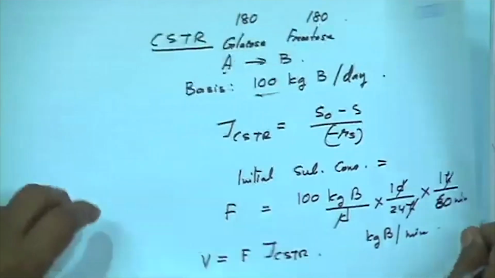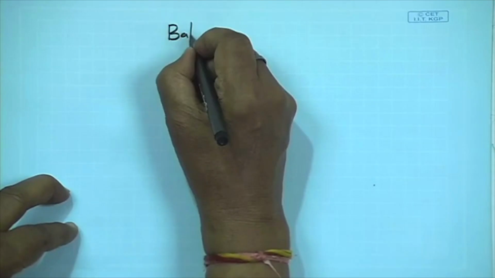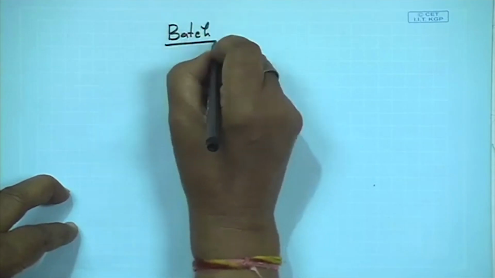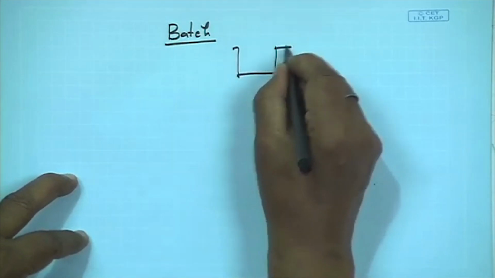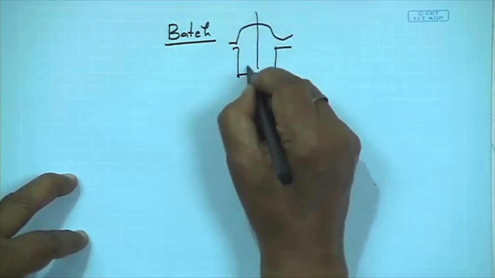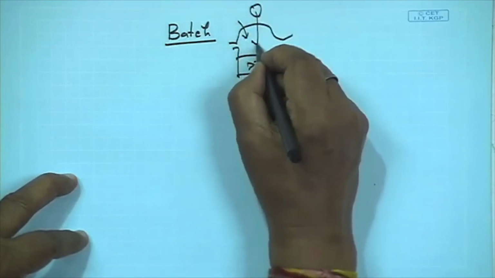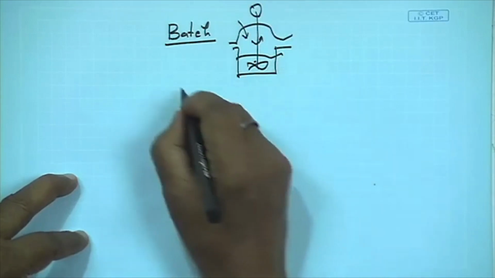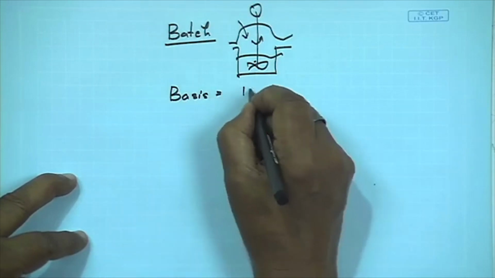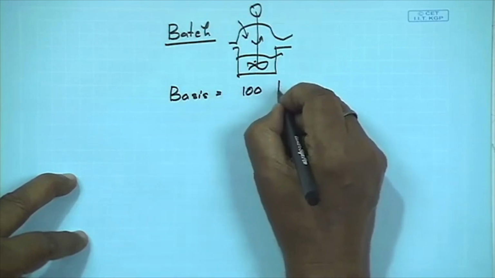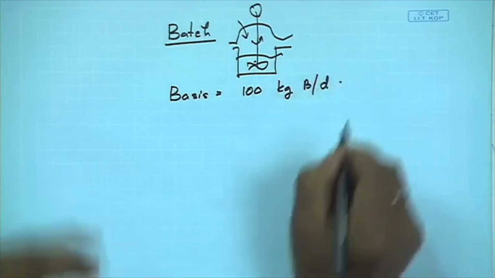Now, the question comes: what will happen in case of a batch process? Batch process is not a continuous process. It is like this. You take the material at a time, allow it to react. After the material conversion takes place, here also the basis is the same, 100 kg B per day.